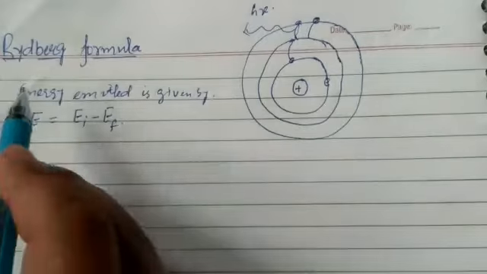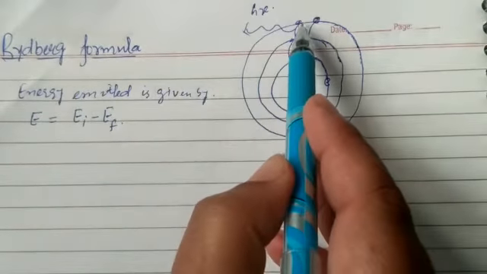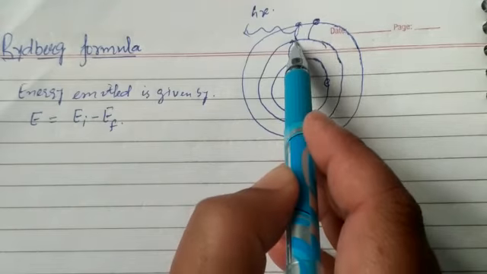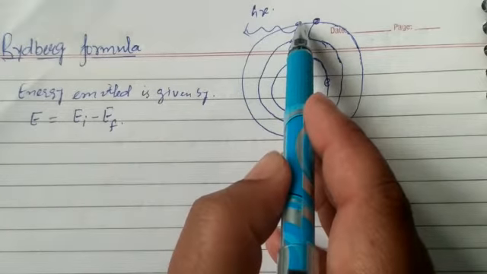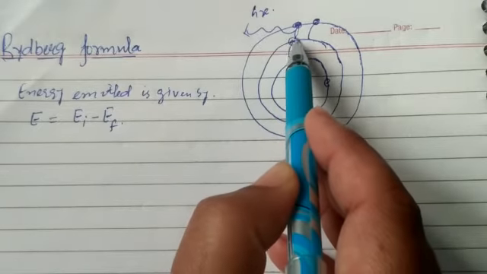This is the energy emitted when the electron comes from a higher energy orbit to a lower energy orbit. The electron in this orbit has a particular energy, and the electron in this other orbit has a particular energy.